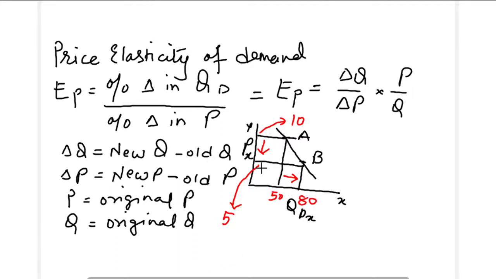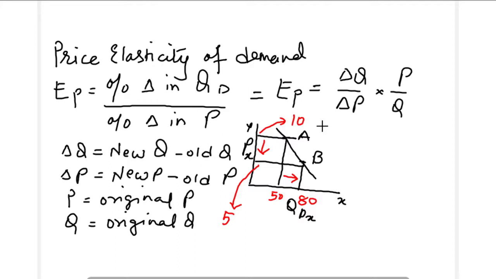Now when we substitute all these values in these equations, then we arrive at the following formula, which helps us to determine what is going to be the elasticity of demand at point A.